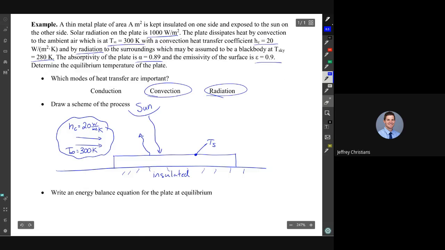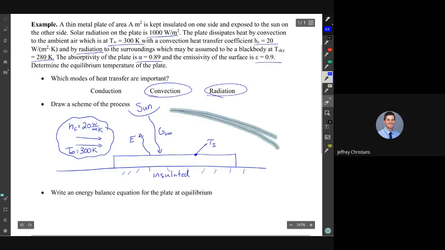There's light, G. We'll call this E. And then there's also this stuff that's happening with the sky. I'll draw it like this.